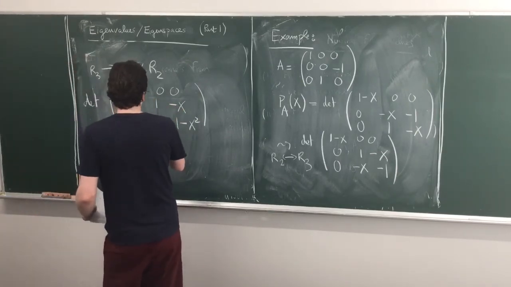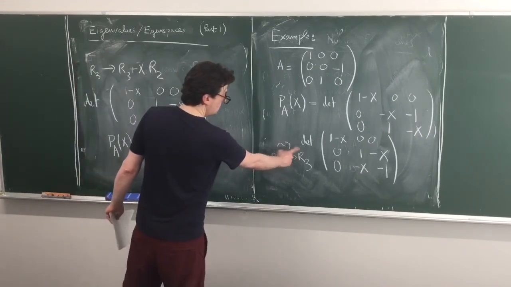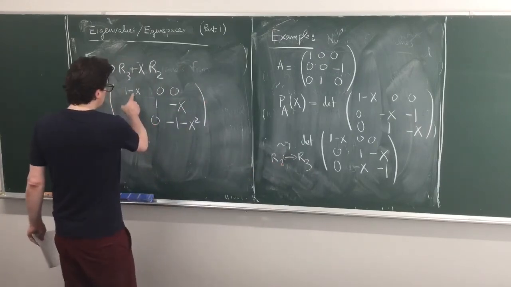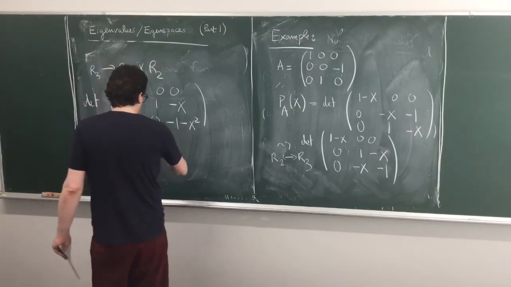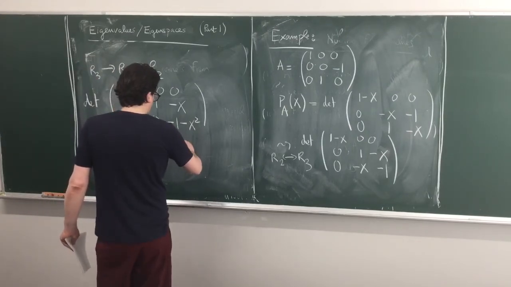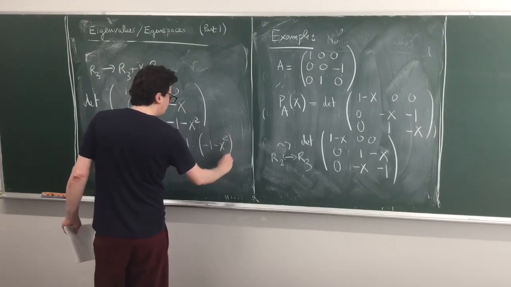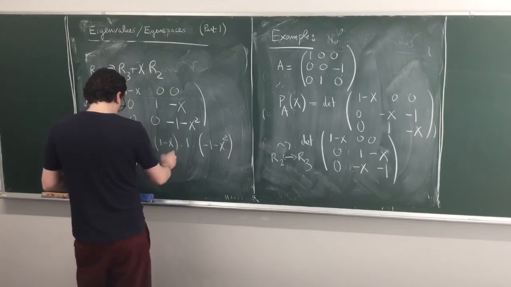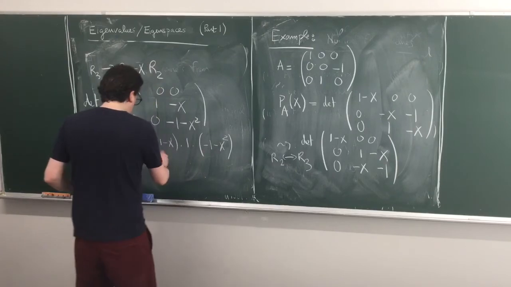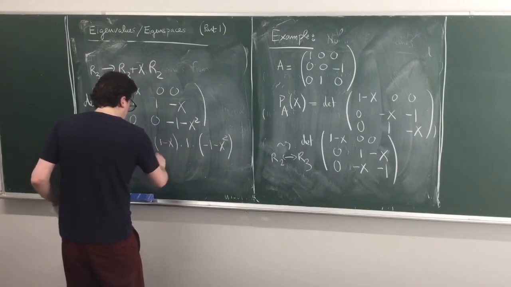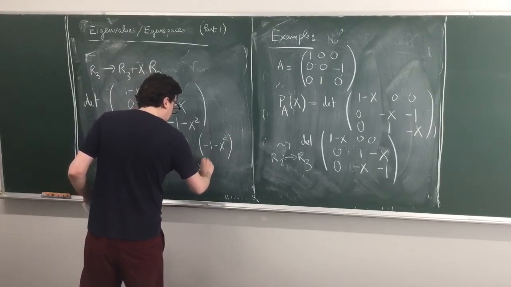So this will be just minus, this minus is coming from the swapping, and then I take the product of the diagonal entries. Therefore, I find 1 minus x times 1 times minus 1 minus x squared. I can put this minus outside and I find finally 1 minus x times 1 plus x squared.